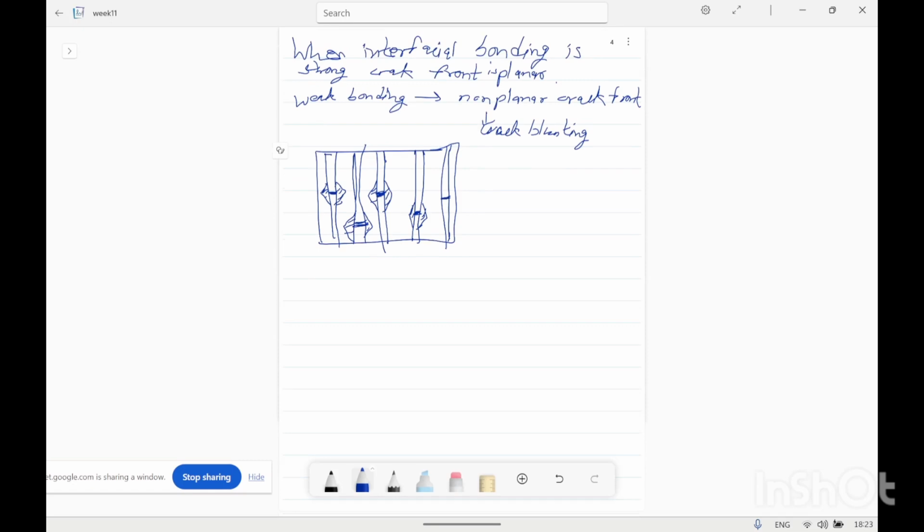So the crack will also get blunted because of the non-planar growth of crack from fiber to matrix and the fiber matrix crack growth.